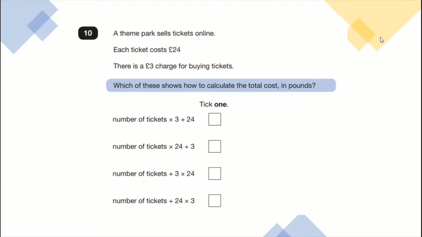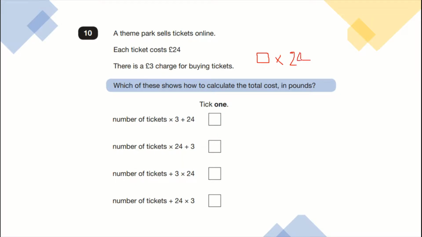Question 10. A theme park sells tickets online. Each ticket costs £24. There is a £3 charge for buying tickets. Which of these shows how to calculate the total cost in pounds? So each ticket costs £24. So however many tickets we're going to buy, we would need to times it by 24.